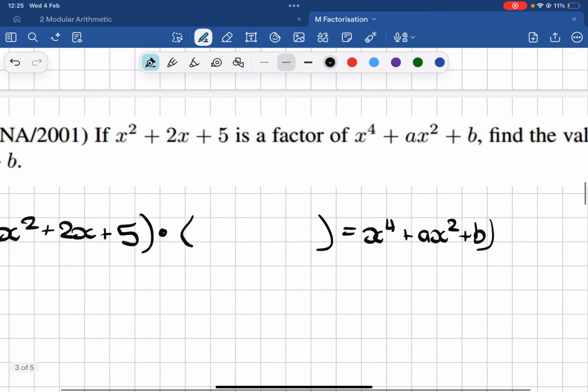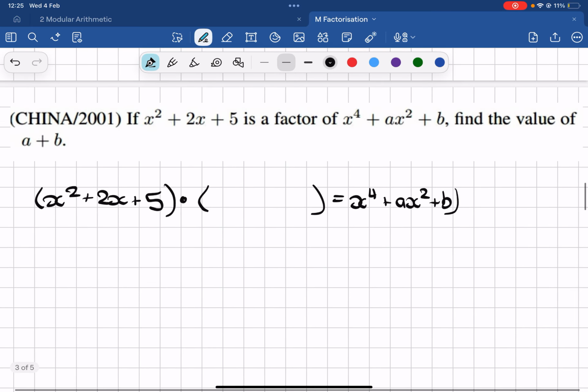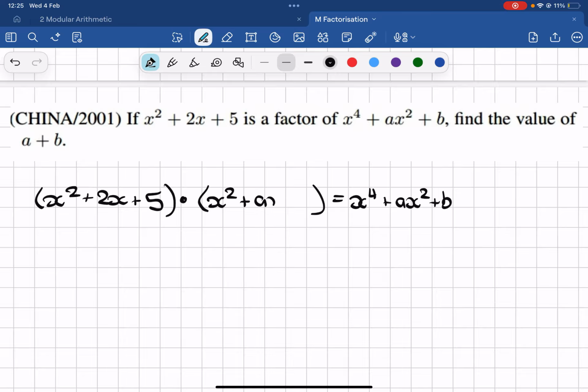And we know that this term that multiplies x squared plus 2x plus 5 must also be a quadratic. Why? Because if we multiply two quadratics, we're left with a quartic, as on the right hand side. So let's call this x squared plus ax plus b. Now notice how our quartic doesn't have any x cubed, nor does it have an x term.